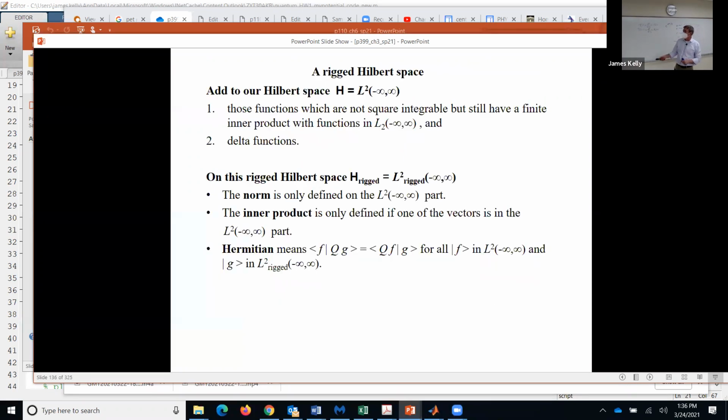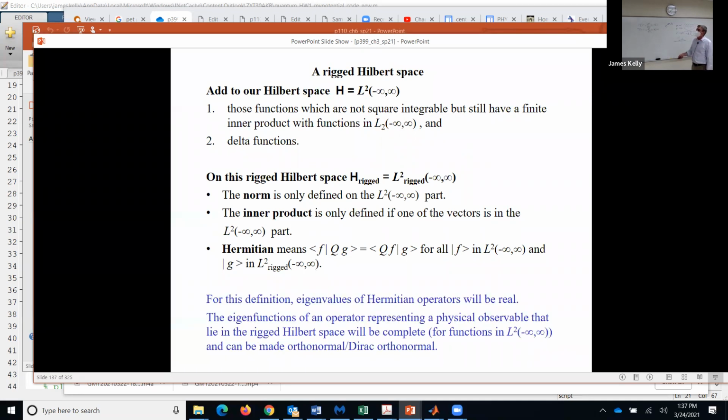We mentioned delta functions too, right? So we're going to say, add on to capital L2 functions that aren't square integrable, but still have a finite inner product with those. And we're also going to add in delta functions, which technically aren't even functions at all, right? When we're thinking of functions, we're thinking of things that have finite outputs. A delta function is technically not a function at all, despite the name.